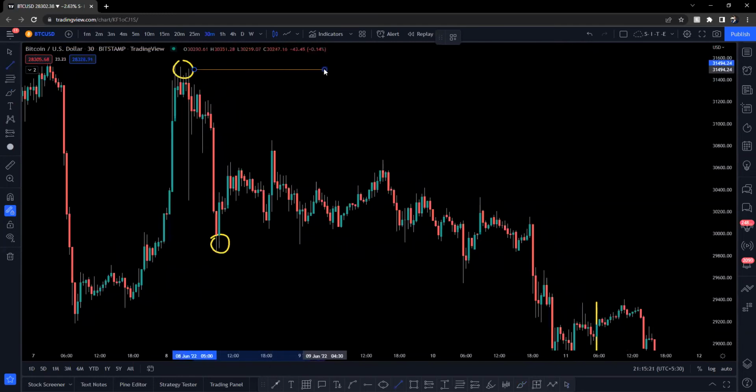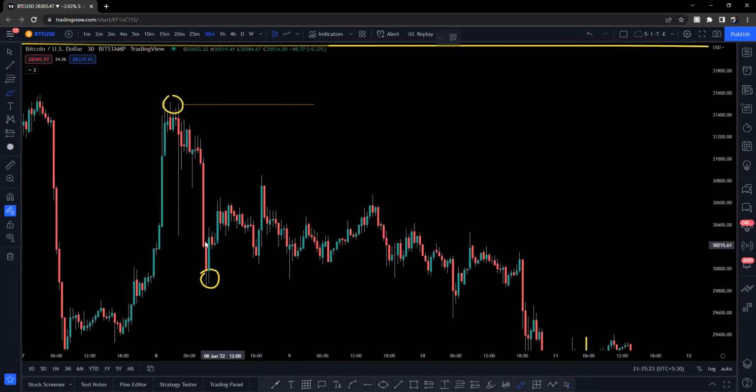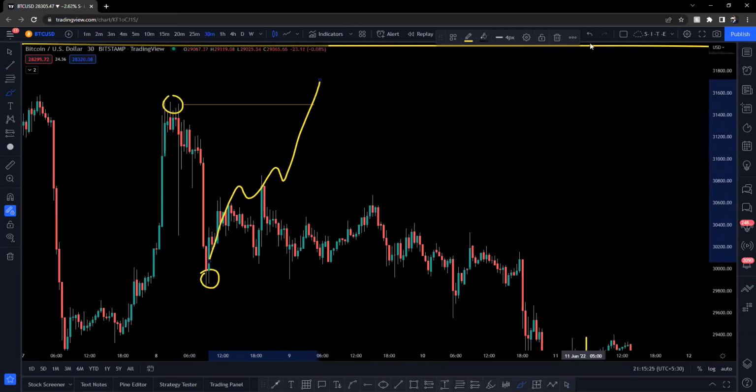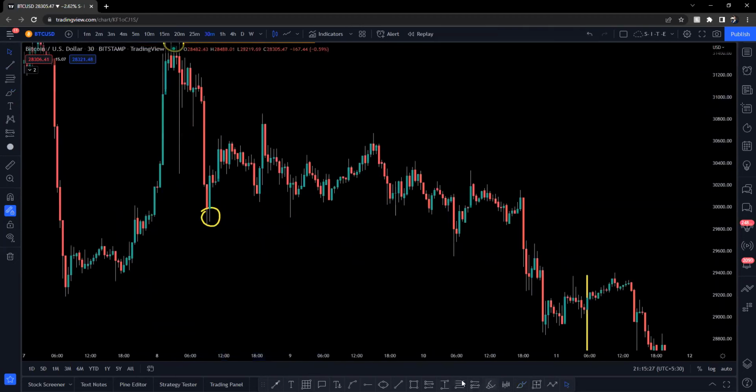If the market breaks this high, the market moves something like this. If the market broke this low, which is here, this low becomes our lower low.